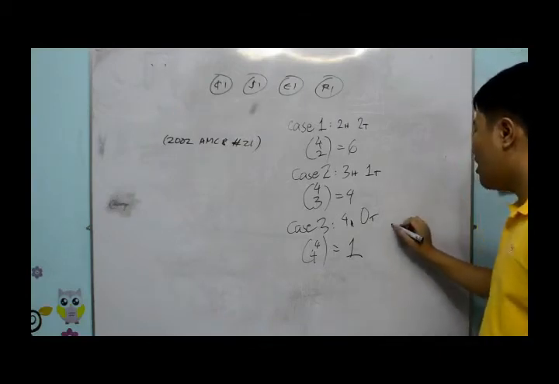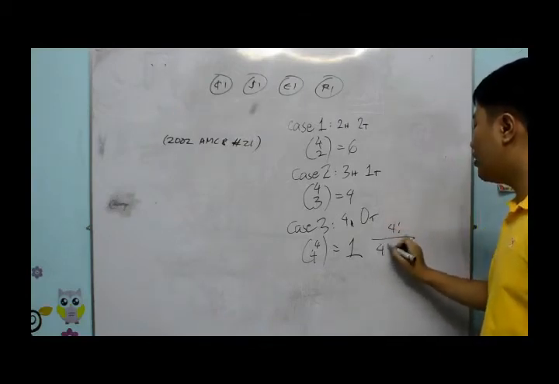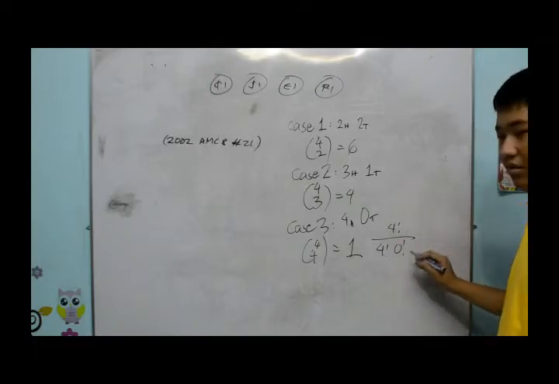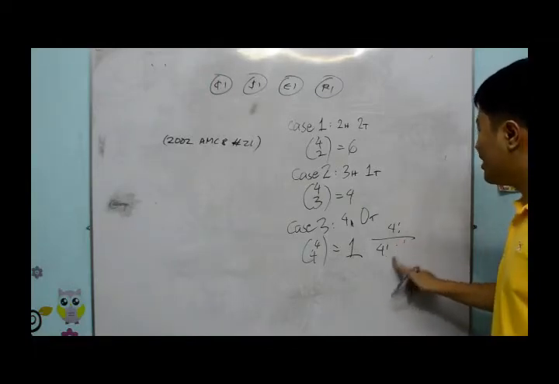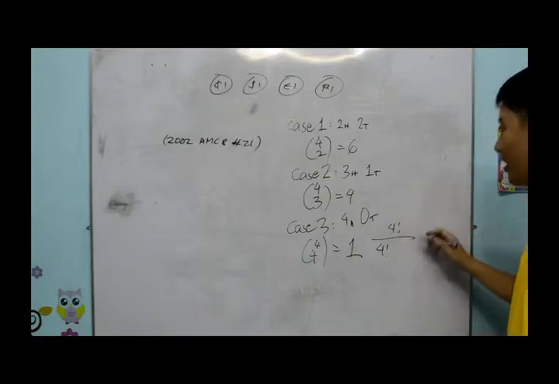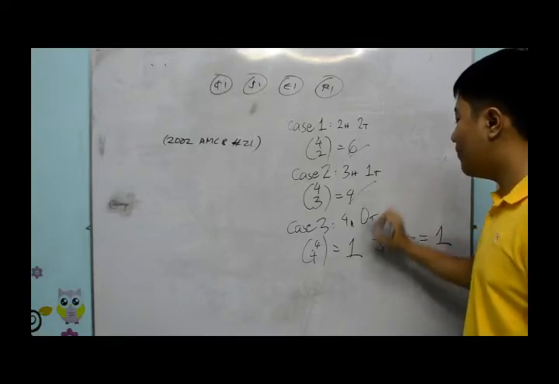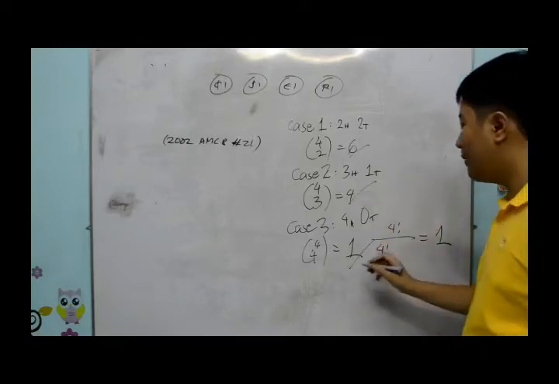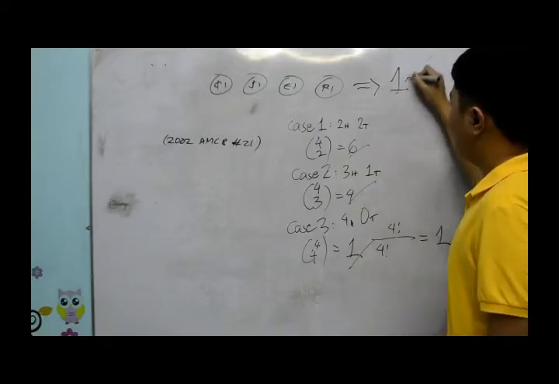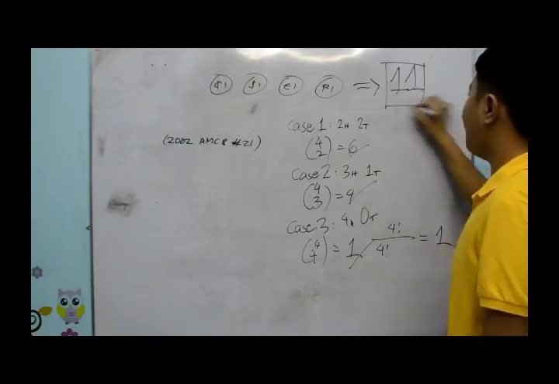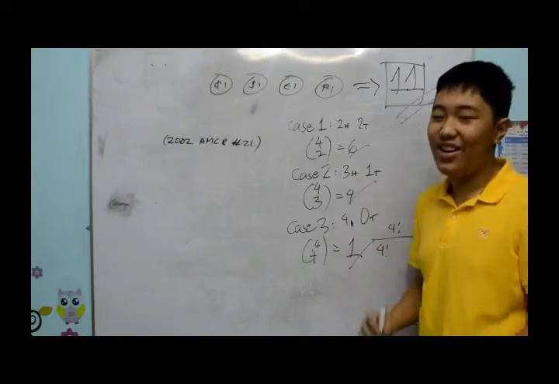Now, why is this 1? It's 4 factorial over 4 factorial times 0 factorial. 0 factorial is equal to 1. So we can use erasing here: it is equal to 4 factorial divided by 4 factorial, which equals 1. Now we add this up, 6 plus 4 plus 1, and we get in total 11. And that is our answer.